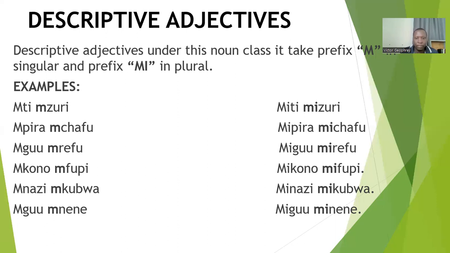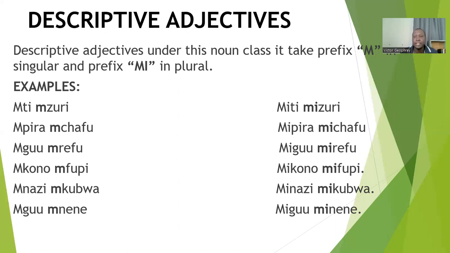If the noun is plural, just add the prefix "mi" to the descriptive word. There are a lot of words that are used to describe, like nyembamba, which becomes mwembamba if it is one person, like chafu, like choyo, selfish.